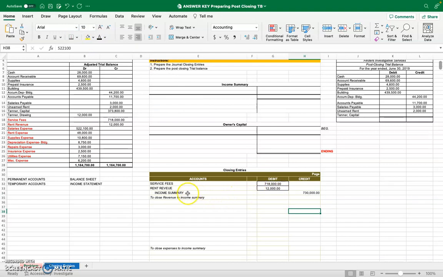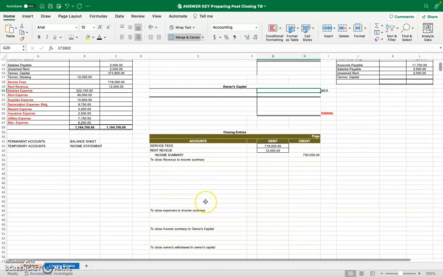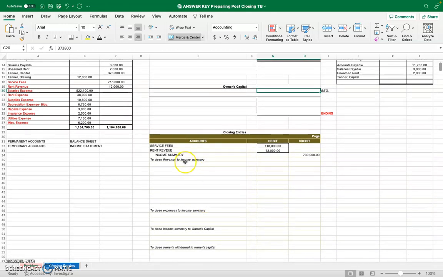Now, we will be transferring the balance to the income summary. We'll put that on this part. So let's put here 730,000.